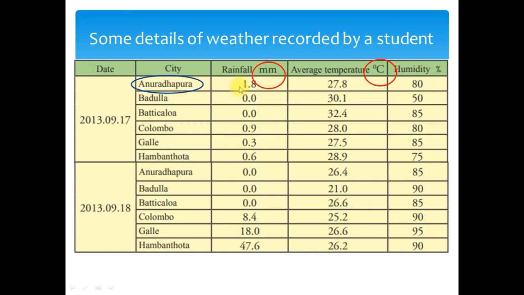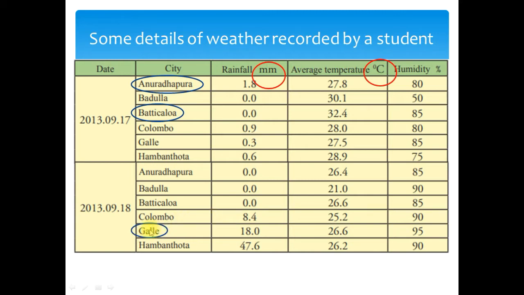Which city recorded the highest temperature on 17/9/2013? Can you find that? Yes, that is Batticaloa, and the temperature is 32.4 degrees Celsius. Which city recorded the highest humidity on 18/9/2013?